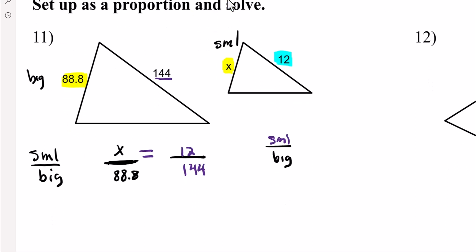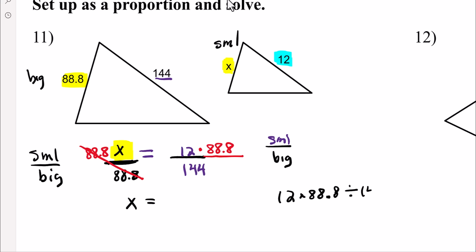to get the x by itself, well, it's divided by 144. So to cancel dividing, we're going to multiply. When we do that, extend this line so you remember how to multiply correctly. So in your calculator, you're going to type 12 times 88.8 divided by 144.